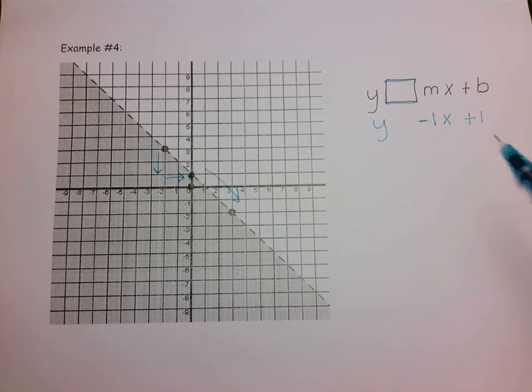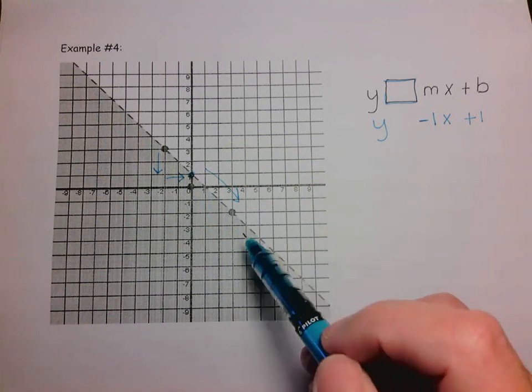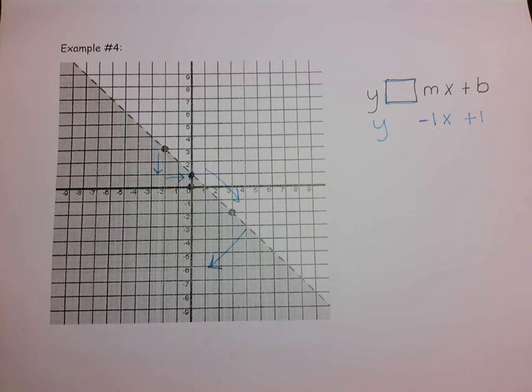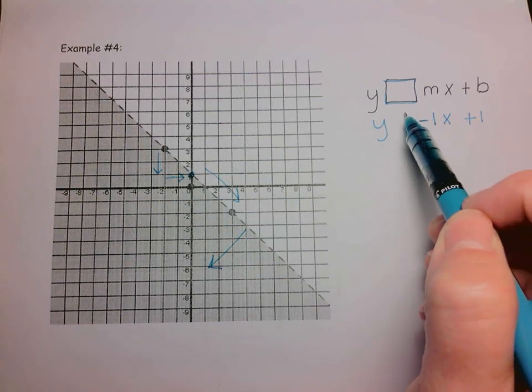Well, now I have to identify the inequality symbol. So I have to ask myself, is this graph highlighted up towards those positive y values, or is it highlighted down towards those negative y values? So here it's highlighted down towards those negative y values, so you know this is going to be a less than.